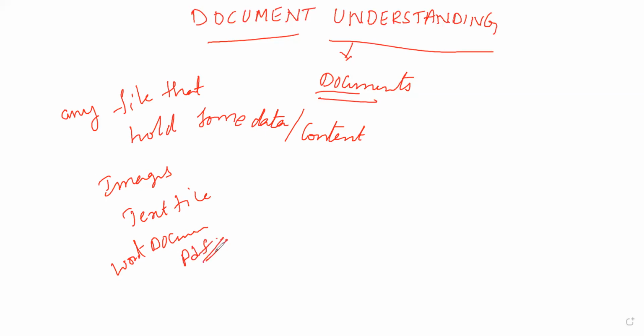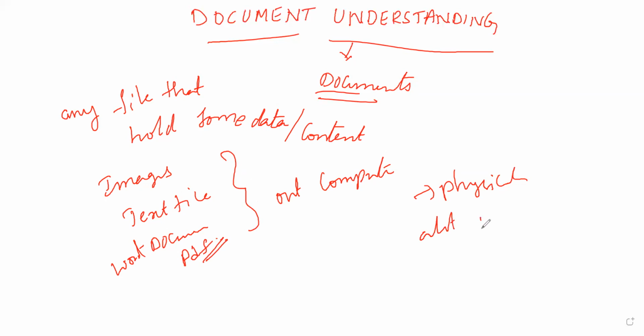Any format of files which holds any data, we call it a document. And this is as per our computers. In the physical world, we can see a lot of documents on paper, right? So these also we call documents.